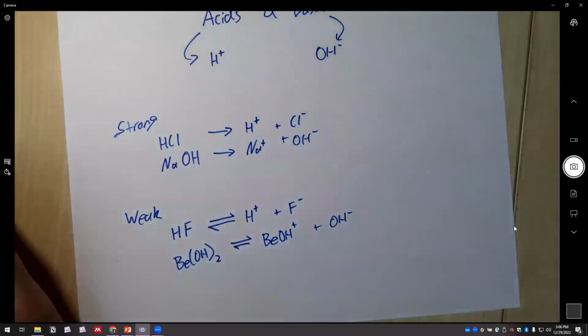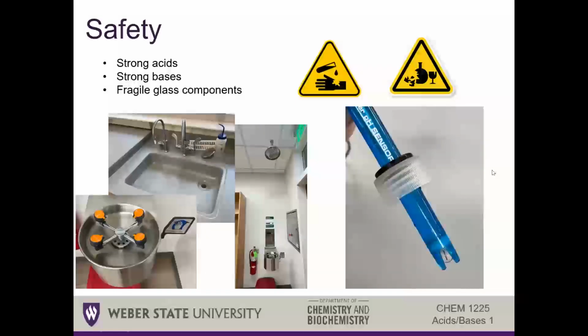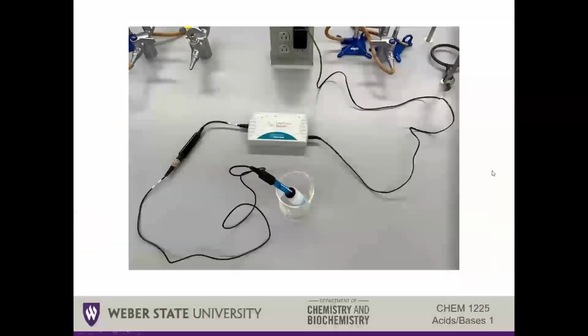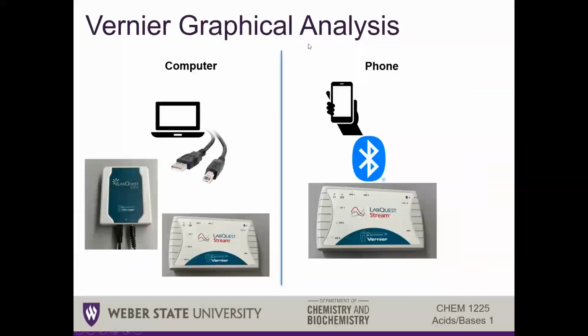And the way that we'll be making these measurements is using these Vernier pH probes. Right? So the probe is here, it's wired up to the LabQuest device, and that gets plugged in. And so the thing that you'll have to do to get ready for lab this week is you'll need to get the graphical analysis software that will let either your computer or your phone get data from the LabQuest devices.